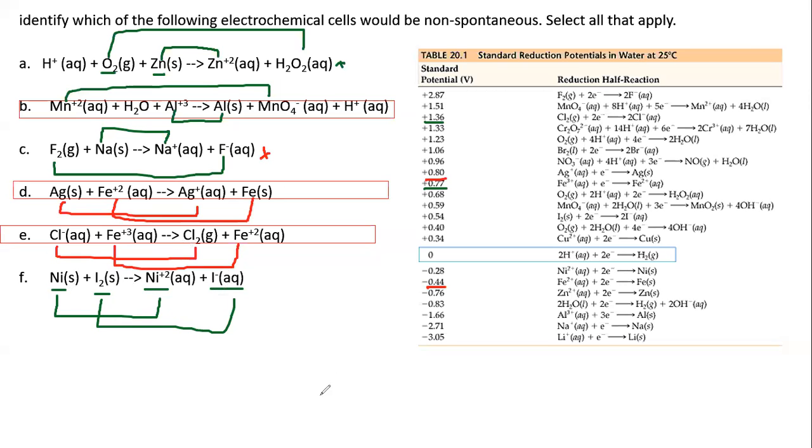So we find here I2's reduction potential is 0.54. We see nickel 2 plus is negative 0.28. So since the reduction potential of I2 is greater than that of nickel 2 plus, this would be a spontaneous reaction. Nickel wants to be oxidized, I2 wants to be reduced.